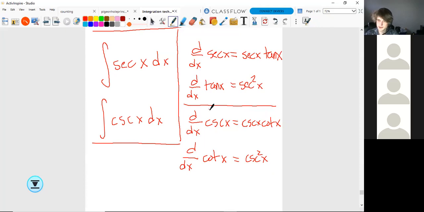Oh, this should be a minus sign. And this should also be a minus sign.